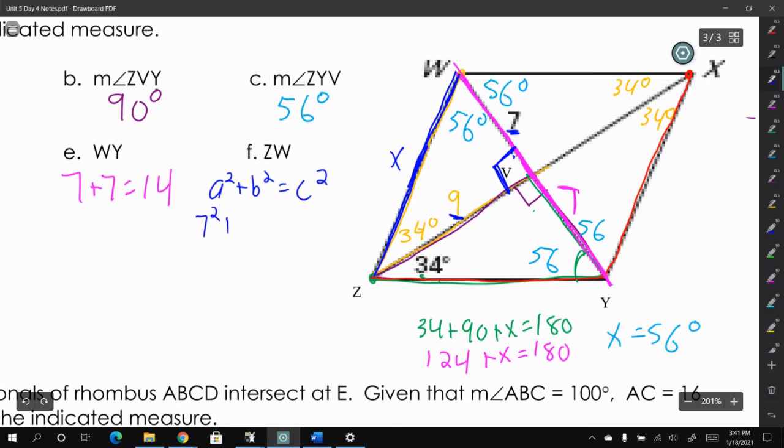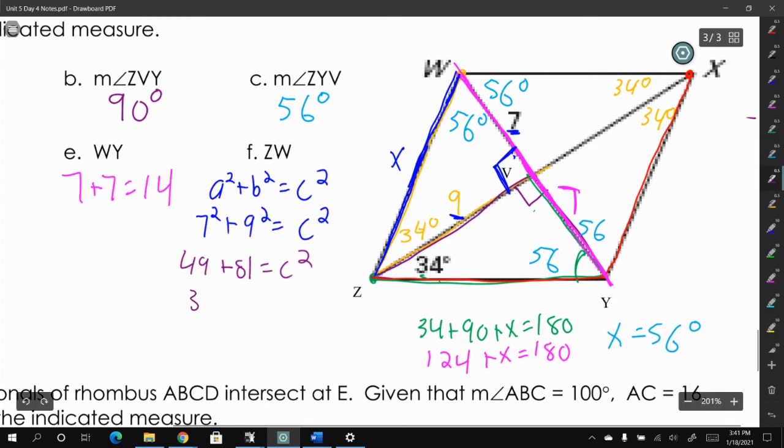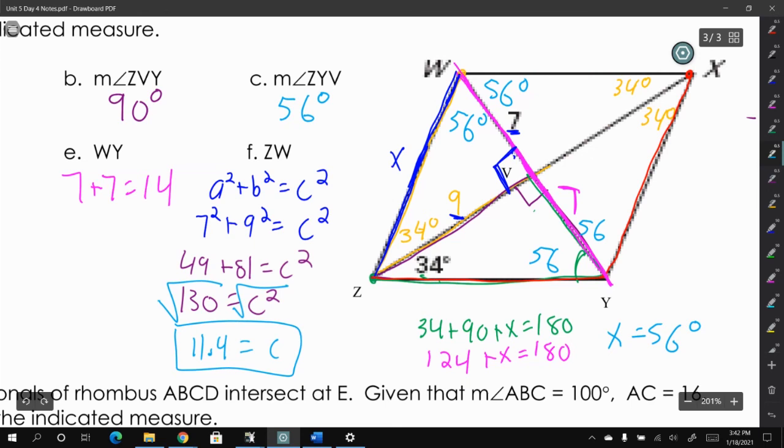So 7 squared plus 9 squared equals c squared. And you know that c squared is what we're trying to figure out because this side does not touch the right angle. So we get 49, 7 squared is 49, plus 81 equals c squared. 49 plus 81 is 130. And then when you square root both sides, you get 11.4 equals c.